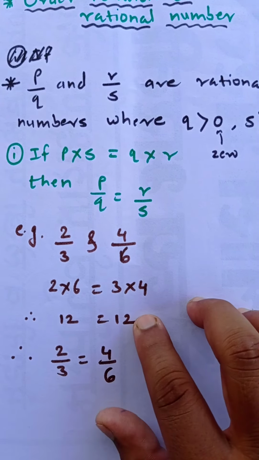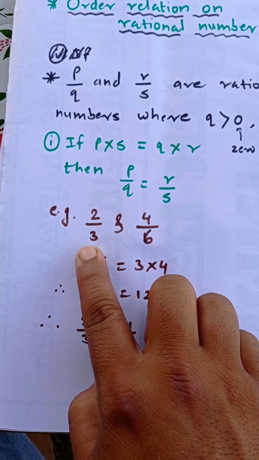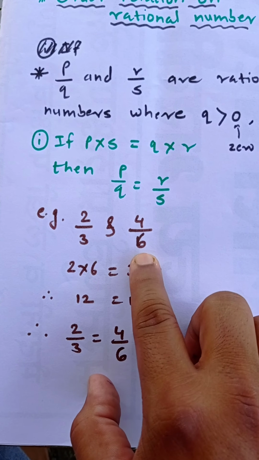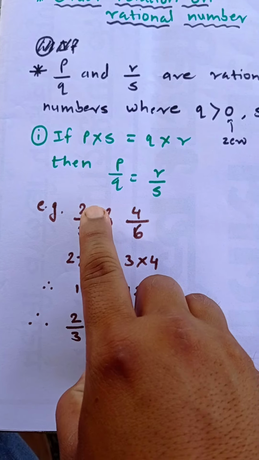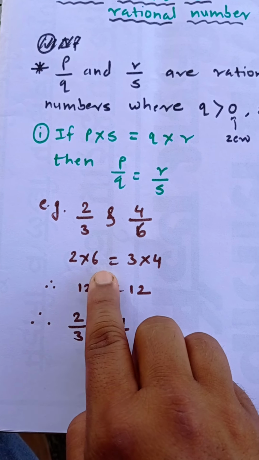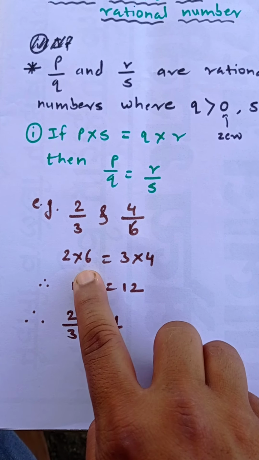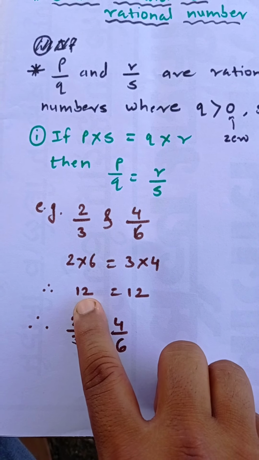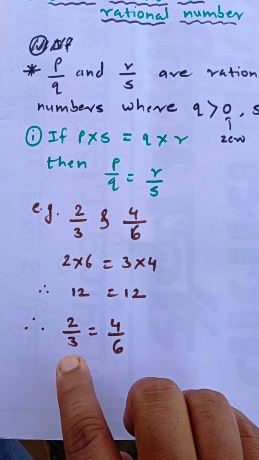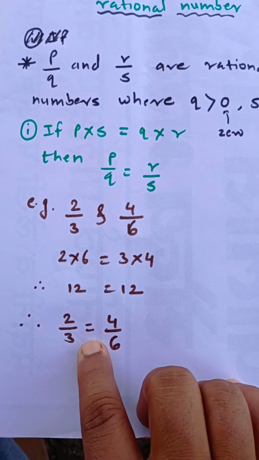Here is one example: 2 upon 3 is the first fraction, 4 upon 6 is the second fraction. According to this rule, P into S is 2 into 6 and Q into R is 3 into 4. 6 2s are 12, 4 3s are 12. So 12 is equal to 12. It means both fractions are equal.